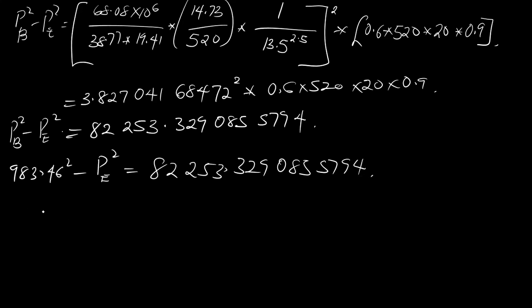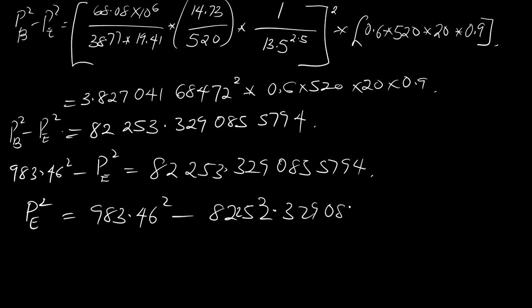So this will be making pressure at E subject of formula. Pressure at E square is now equal to 983.46 square minus 82,253.329,085,794.